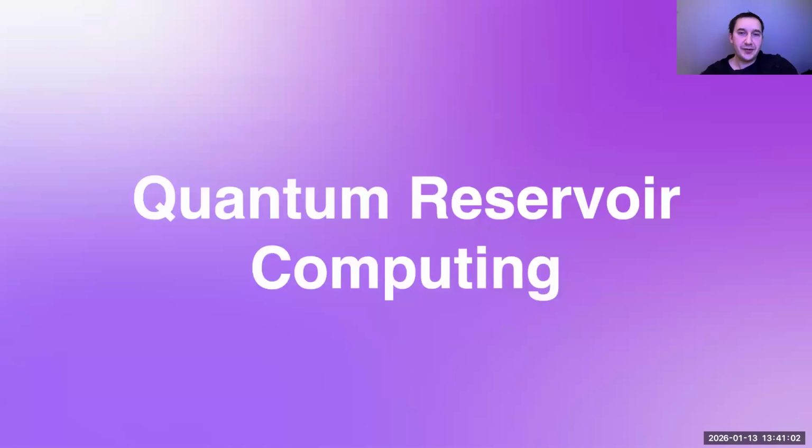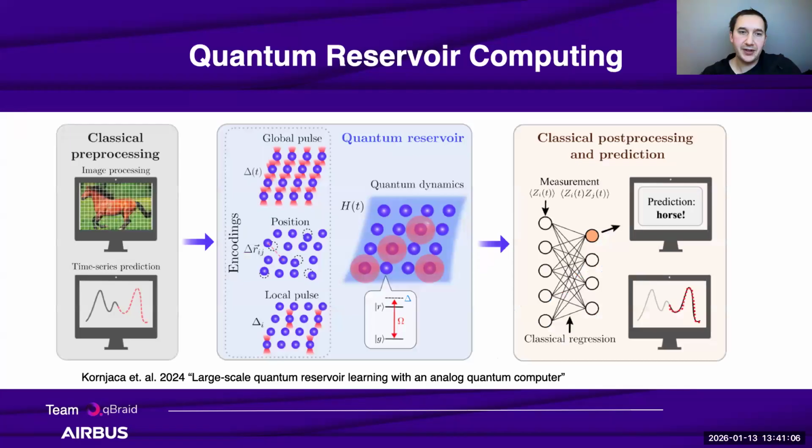So moving on to quantum reservoir computing. This is where you replace your reservoir with a quantum computer. This is an excellent paper out of QuEra where they use their neutral atom platform to both try and do image prediction and also time series prediction.